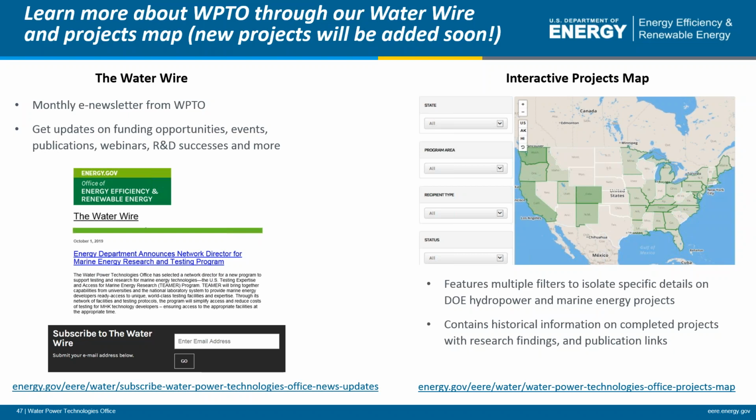But this is really the repository of everything, both current and historical, that the office has funded. We keep finding something that we haven't remembered to put in there, but I can now confidently say that it is the up-to-date, accurate, and vast majority of the R&D portfolio.